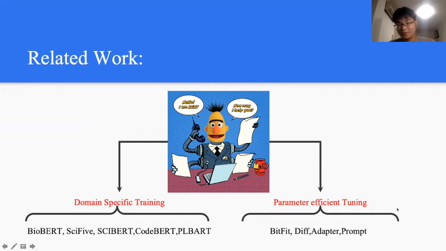For example, BitFit freezes most of the transformer encoder parameters and trains only bias terms and the task-specific classification layer. More details about these related works are reported in our report.